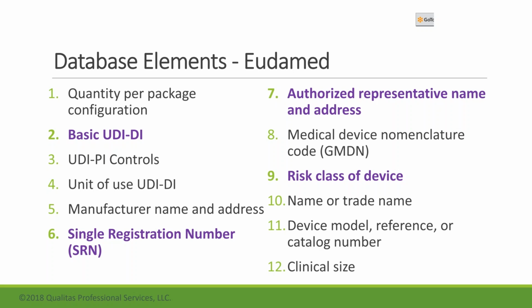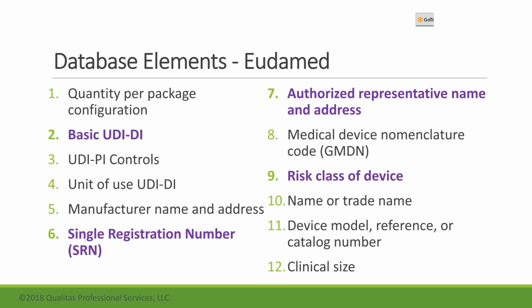The expected finalization for all modules of Eudamed, they need to be ready for an external audit by September of 2019. And that's necessary for meeting the target date of March 25th, 2024, that first release of Eudamed. So while we can't really do much right now as far as putting data into Eudamed, we know that it's out there and we need to be aware of this.